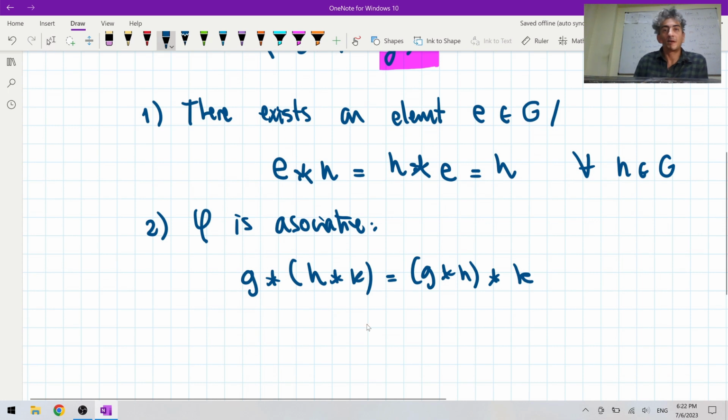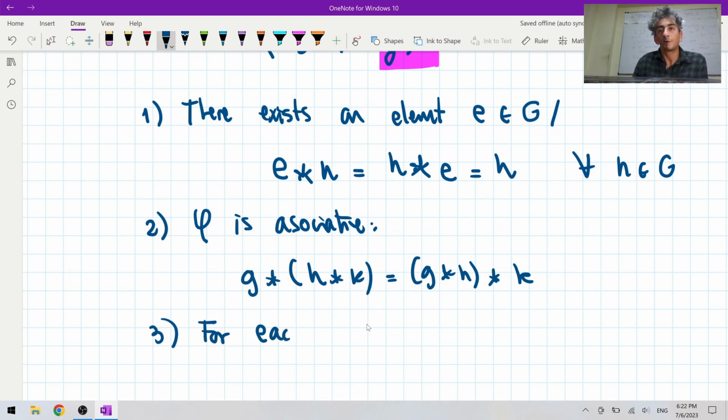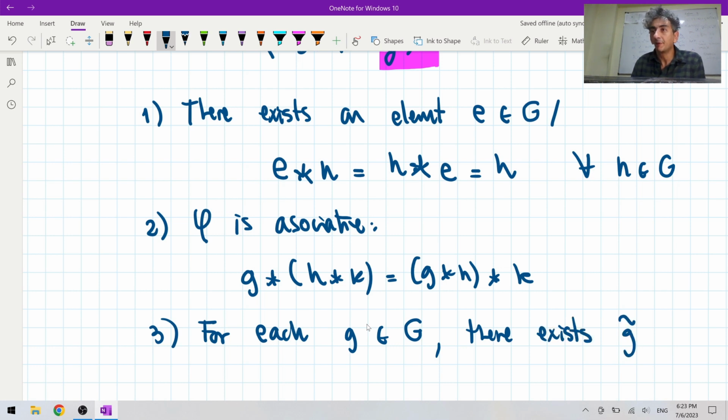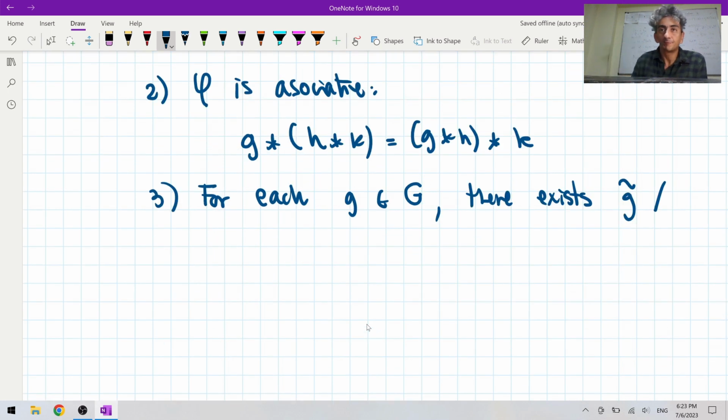And third, for each g in G, there exists g tilde such that g star g tilde equals g tilde star g, and this is e.